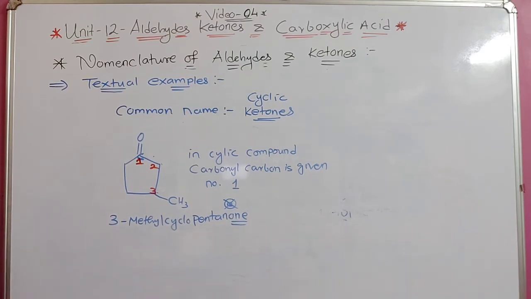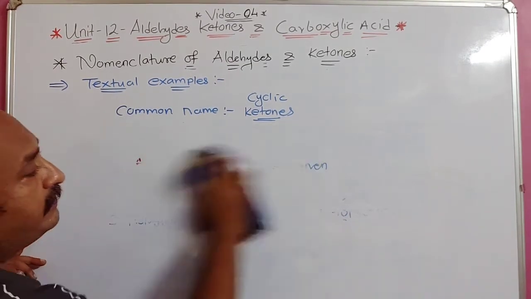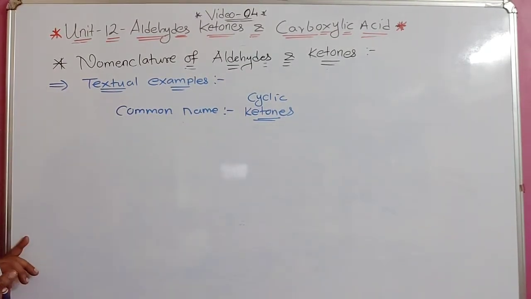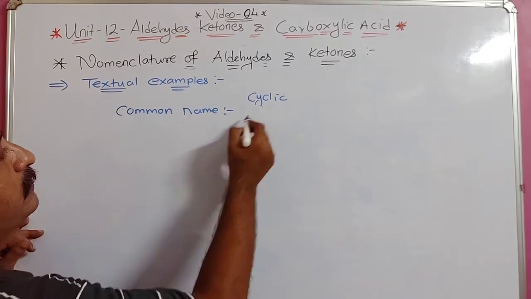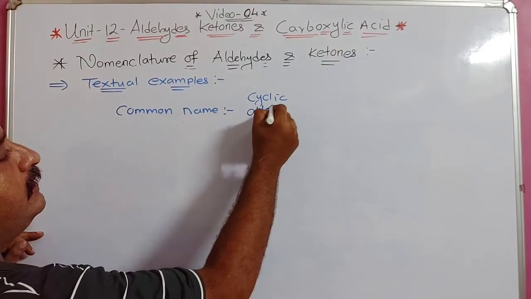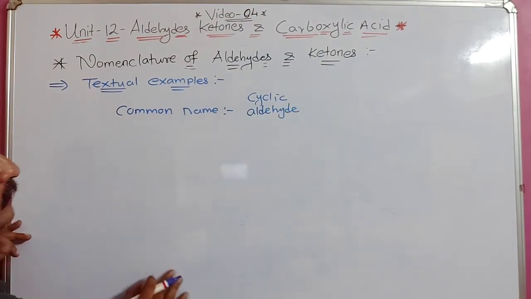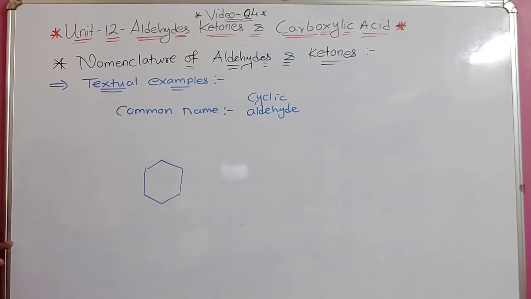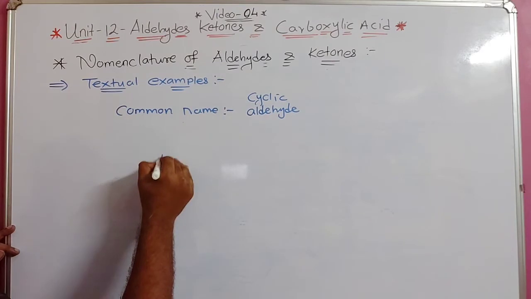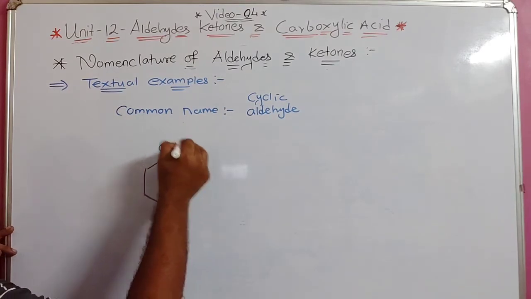Now another example is there for cyclic aldehyde. Cyclic ketone you saw. Now when we talk about cyclic aldehyde, suppose a structure is given like this, and on the top it is written CHO.